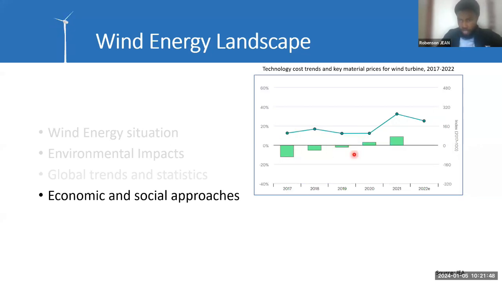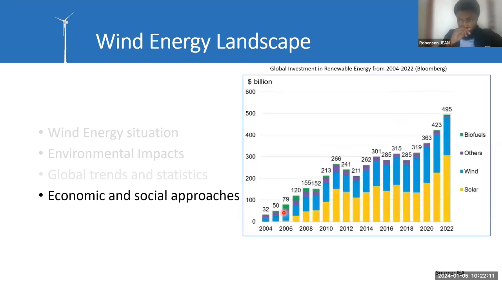It is getting a little bit higher in terms of percentage. So we are having better and better results in recent years. This economic approach helps us to understand why wind energy generation is getting higher.